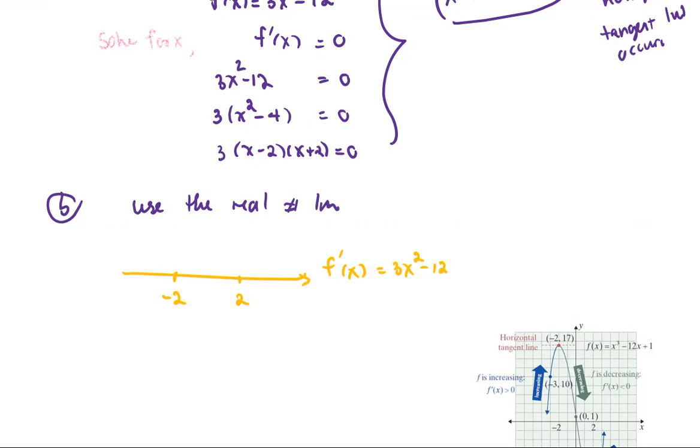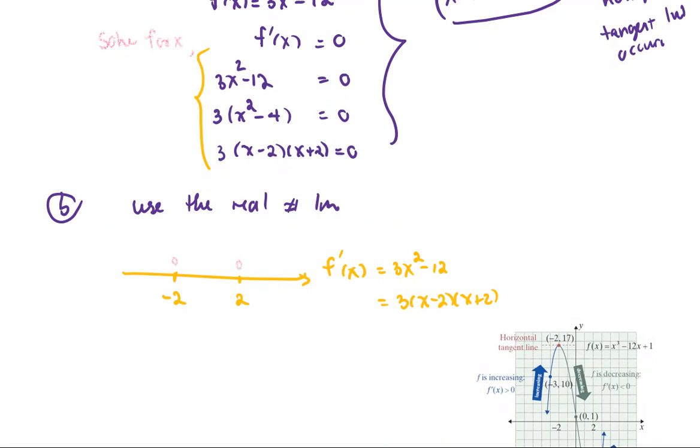Since in the process of finding the values of x where f prime is 0, we factored this completely to be 3 times x minus 2 times x plus 2, we can locate the sign of the derivative. At x equals negative 2, the derivative is 0. At x equals 2, the derivative is 0.